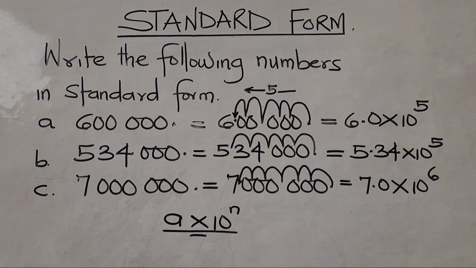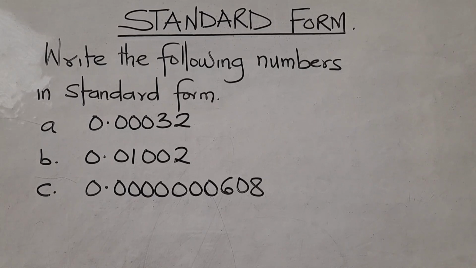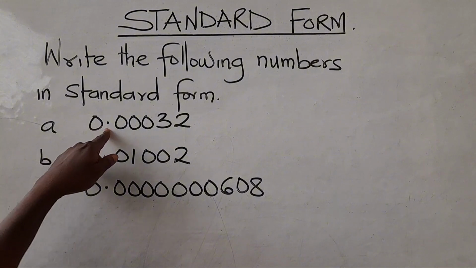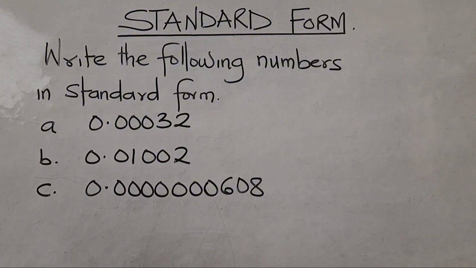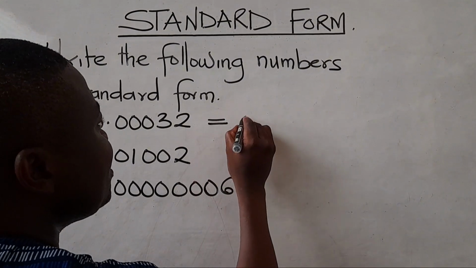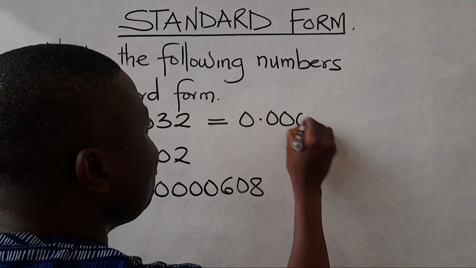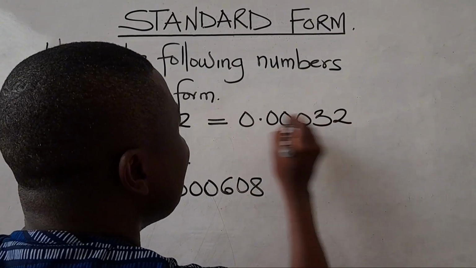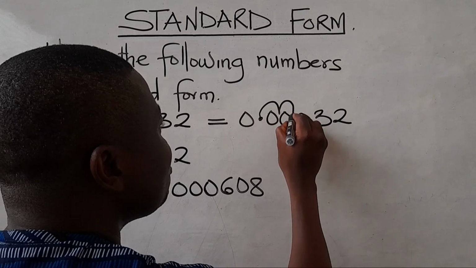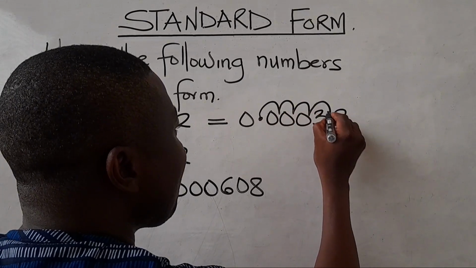Let's also look at standard forms for smaller numbers, just as we introduced at the beginning. These are smaller numbers, 0.00032. You know where the point is, but we want to drive it to the first non-zero number. Let's go, 1, 2, 3, 4.